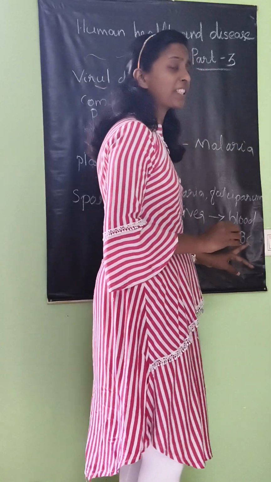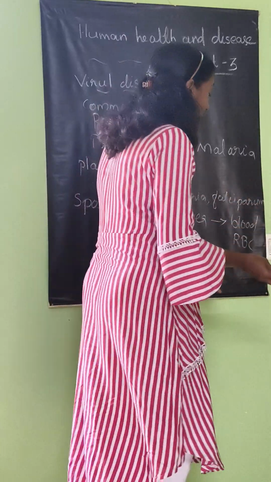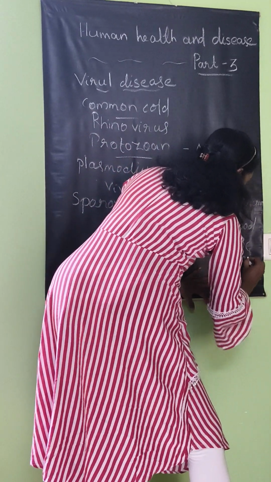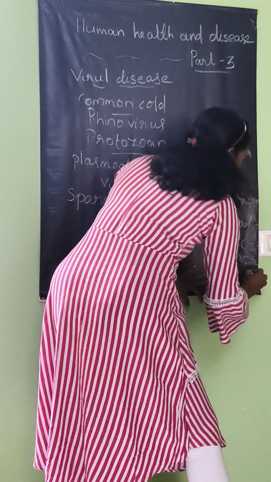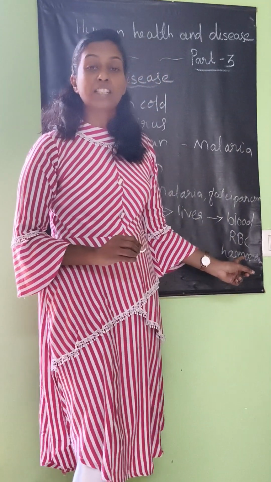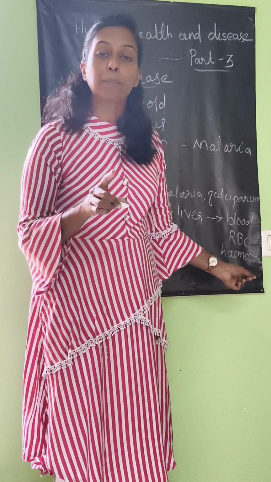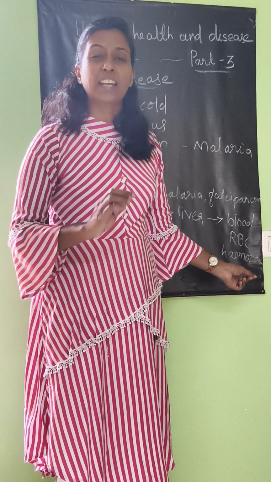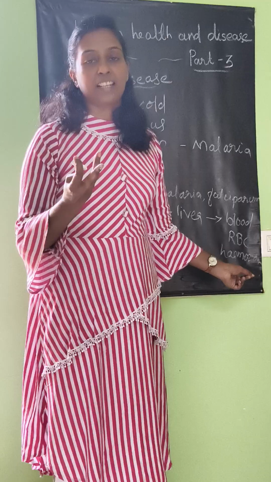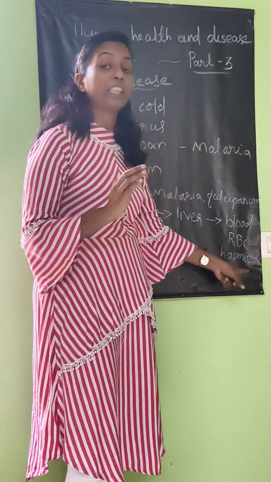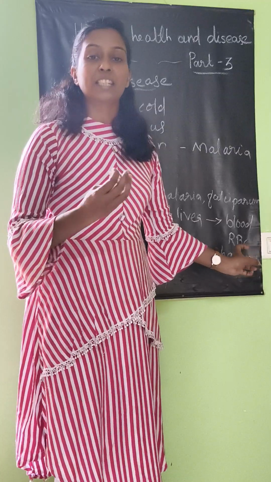Because of this infection in the blood, RBC will rupture, and a toxic substance will be released, that is hemozoin. This hemozoin is responsible for the symptoms of the disease, that is high fever and chillness. So hemozoin is released when the RBC ruptures.